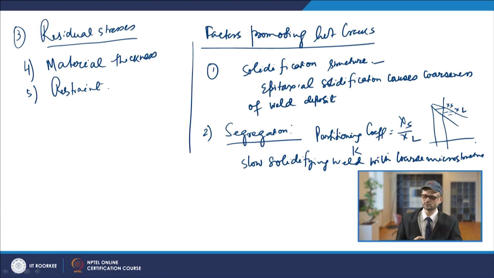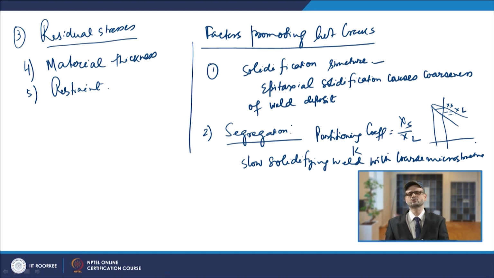So, we are providing this restraint, and if the stress generated exceeds the hot strength of the weld metal, there is likelihood of the formation of cracks. So you have to minimize these restraints on the joints.